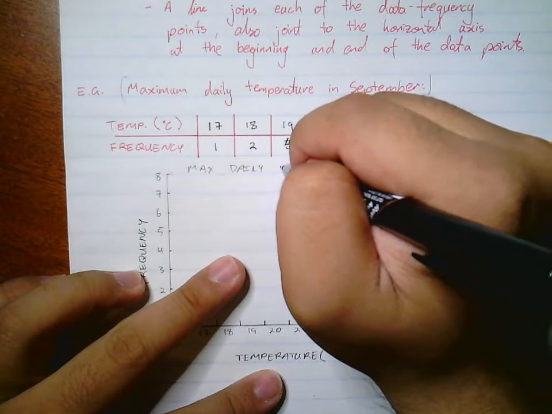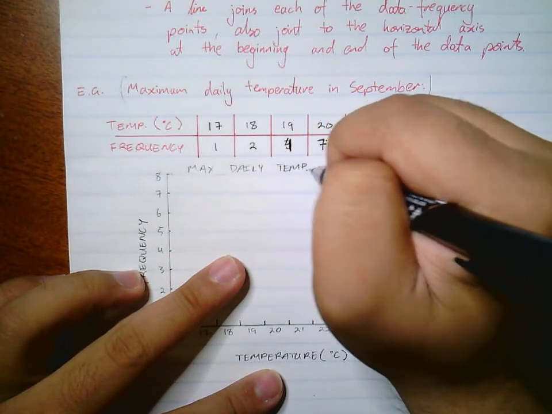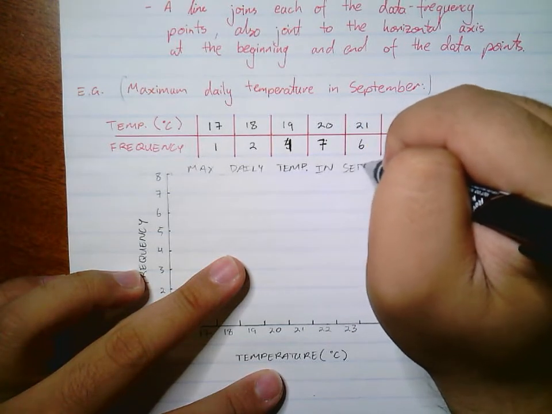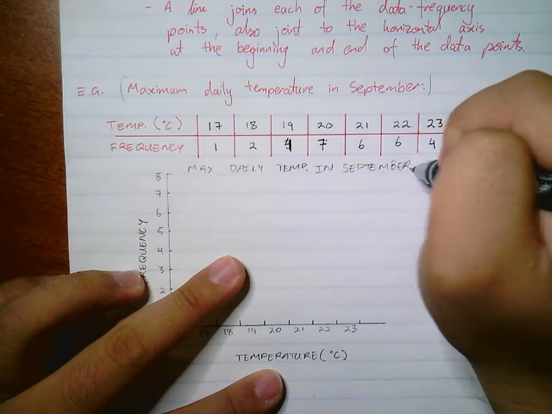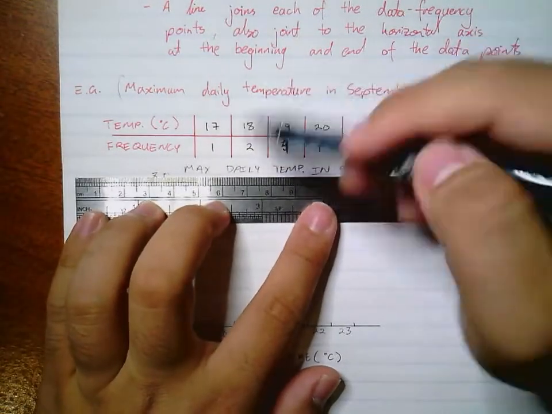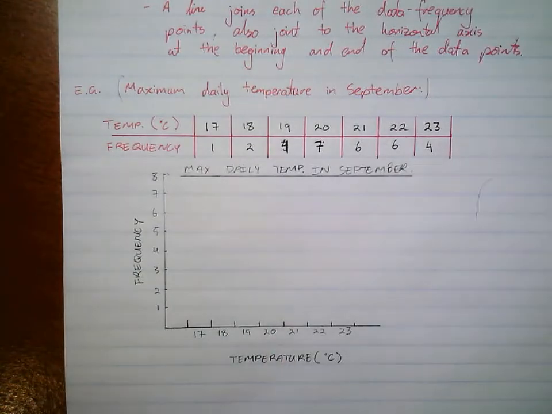Let's just do some shorthand. Maximum daily temperature in September. Since that's our heading, let's give it an underline. It's the most important indicator to tell us what this graph is all about.